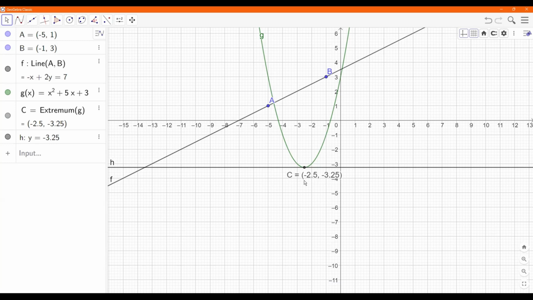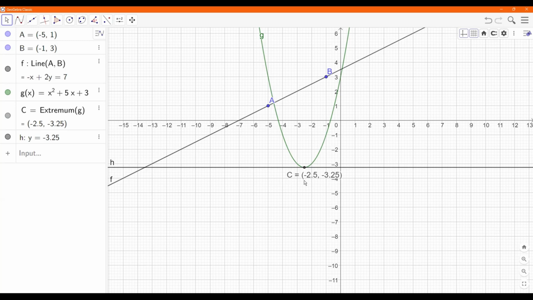All agree with that? So I could write this down two ways. I can say that the range of this graph is y is greater than or equal to negative 3.25. The range is which part the graph exists in.